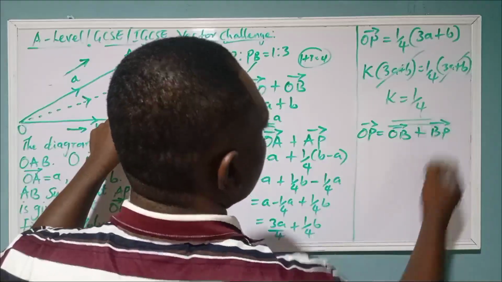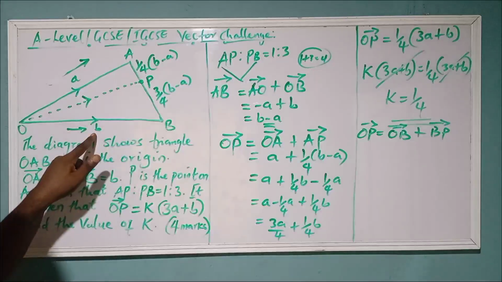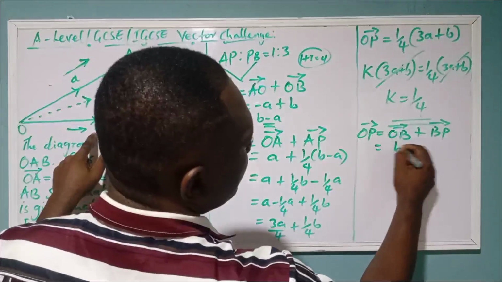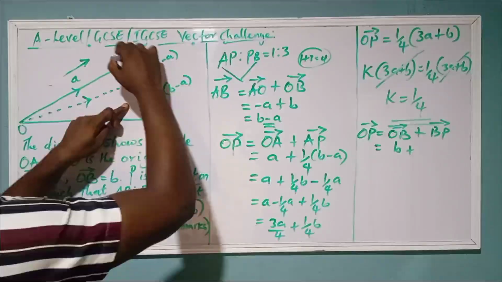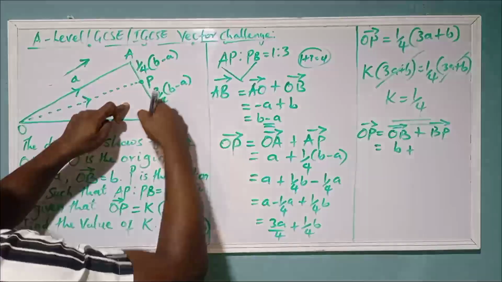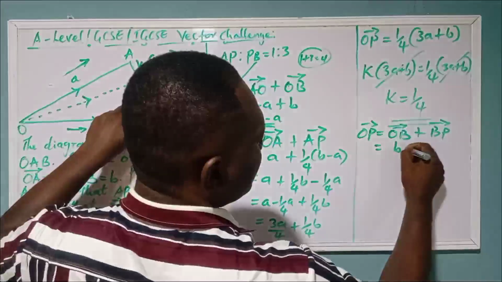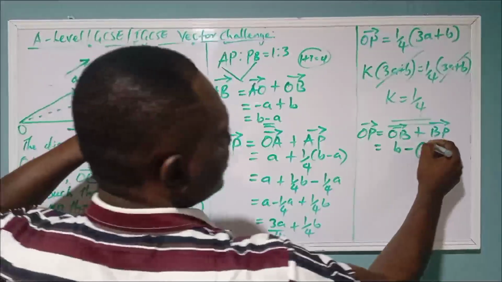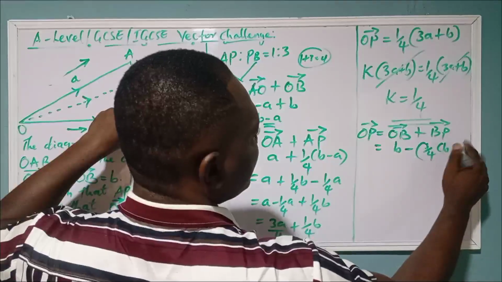OB, in the same direction, will give you B. BP is in the opposite direction, so it's going backward, and this will be minus. So this will be minus 3/4(B minus A).